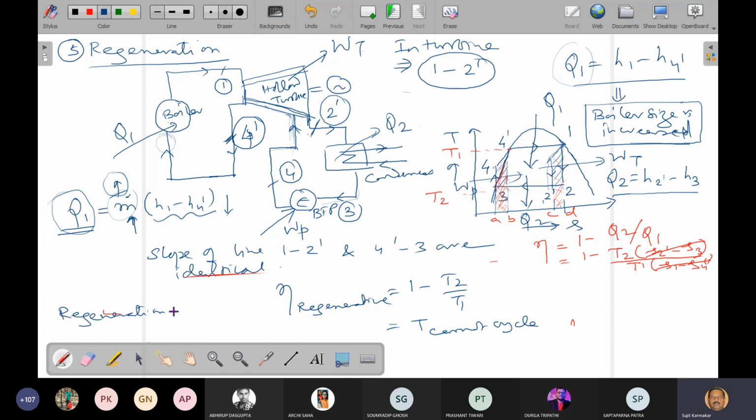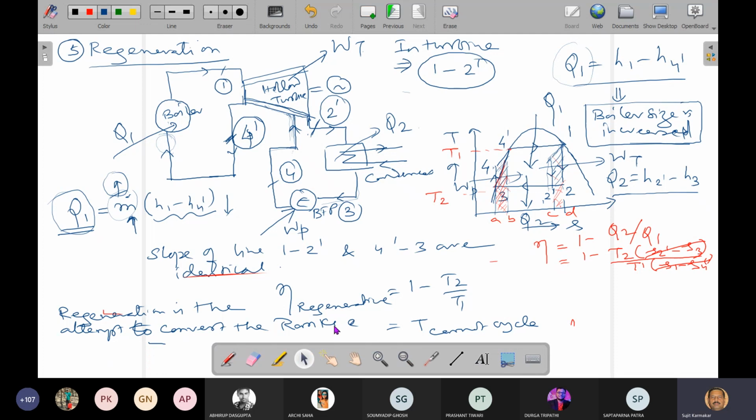Regeneration is the attempt to convert the Rankine cycle into the Carnot cycle.